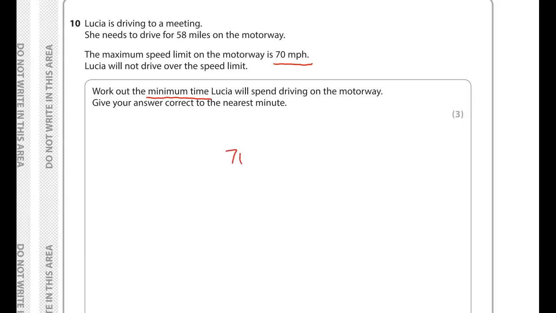So 70 miles would take 60 minutes, because this is miles per hour. She's only going to do 58 miles though, so that's not going to take 60 minutes. It should take less than that.